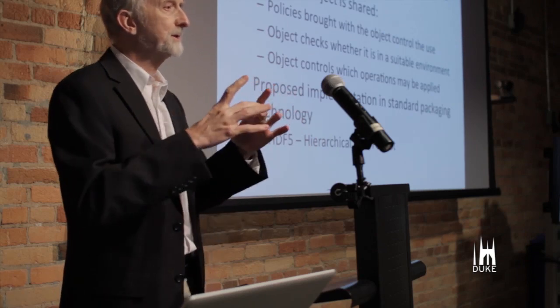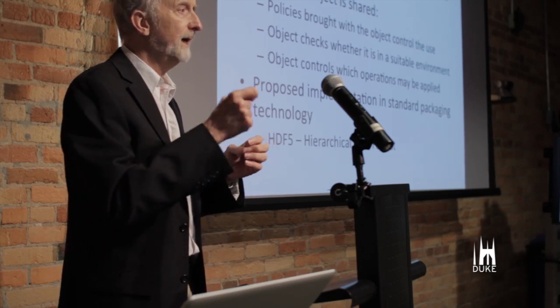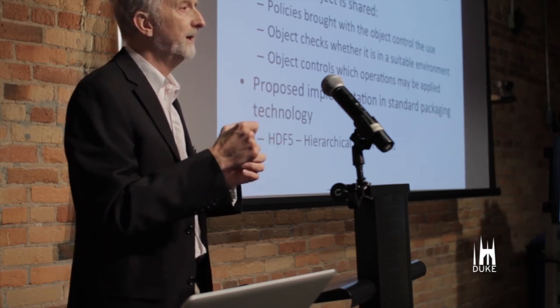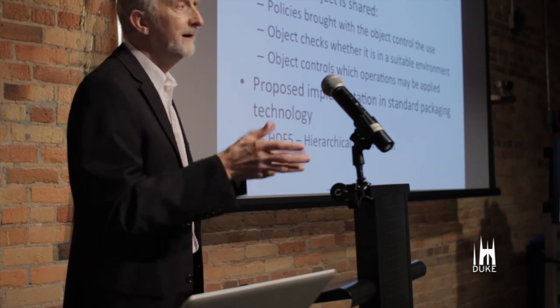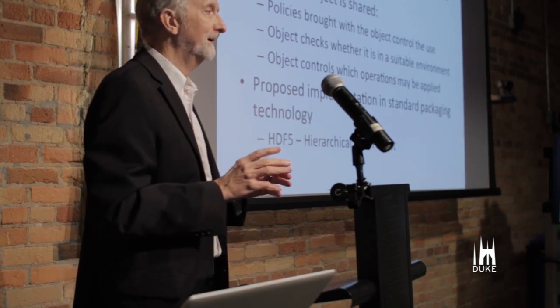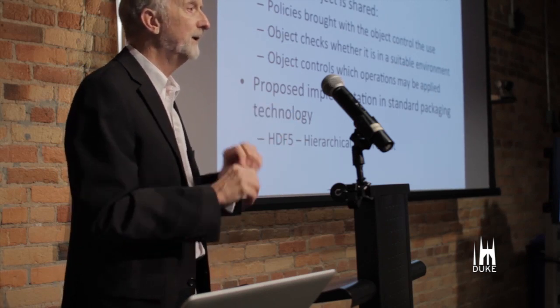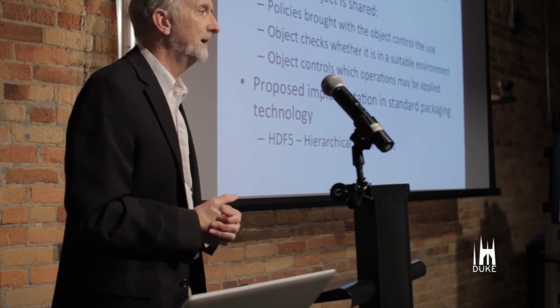So I ship you this container. When you try to access it, the container checks, am I in an environment that I trust? If I'm not in an environment that I trust, then I'm not going to do anything. I say no. But it also allows me to specify what you're allowed to do with the data, even when it's been moved to somebody else's administrative domain.